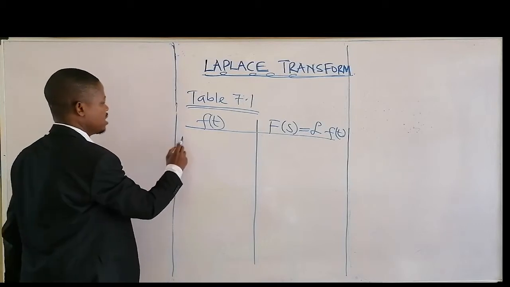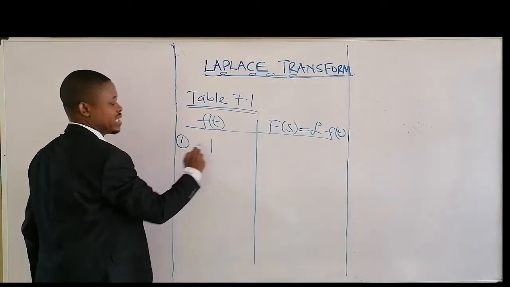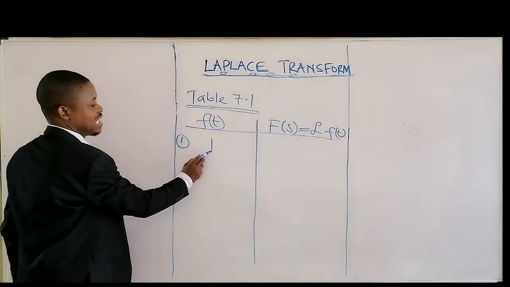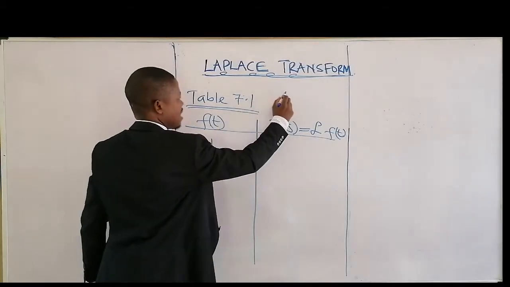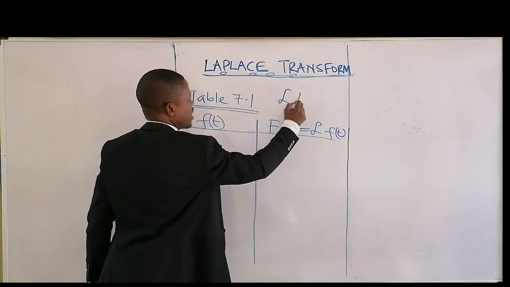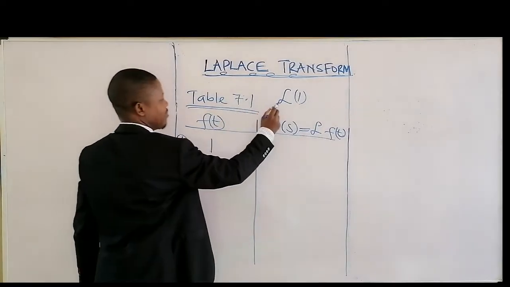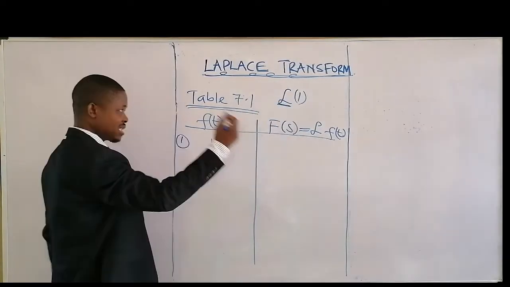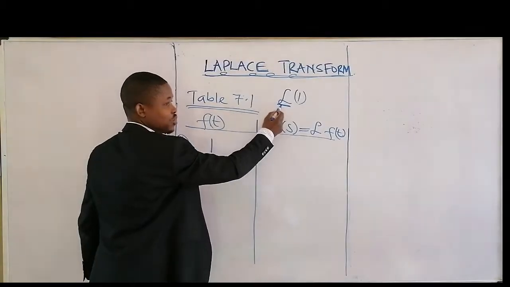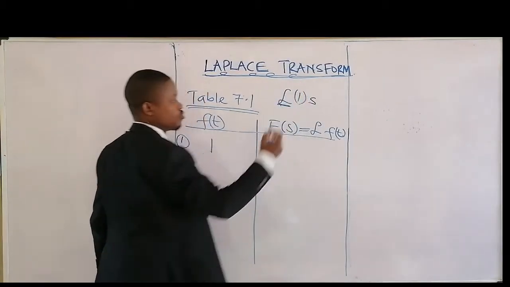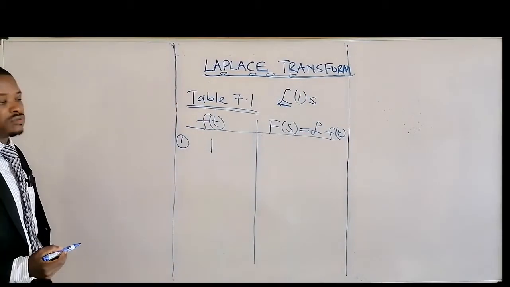For example, number one, the function is 1. If I want to write this in Laplace, just write Laplace of 1. Anytime you write Laplace, there must be the element of the Laplace, which is the s domain. You put it by the side of that function.